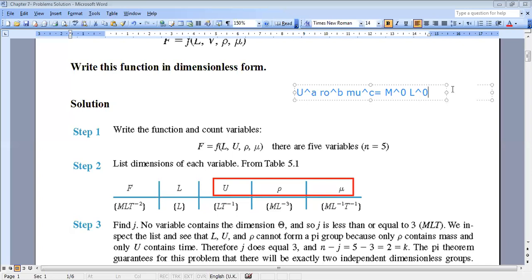So let us see if I can find coefficients A, B, and C to have a dimensionless result. How to do the test? I replace the dimension of U by LT minus 1. So I get L to the power A times T to the power minus A.